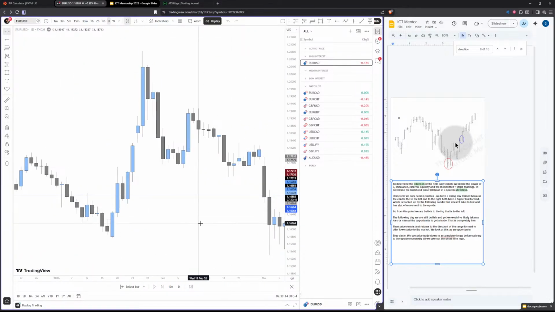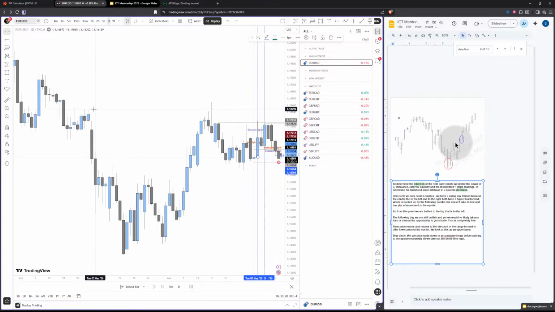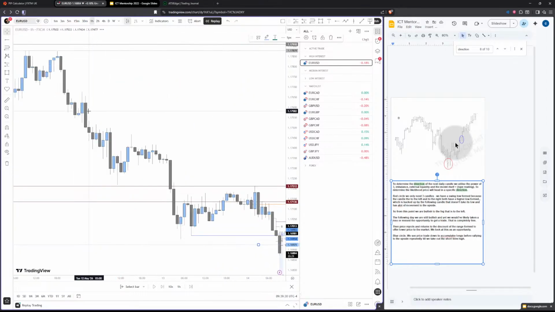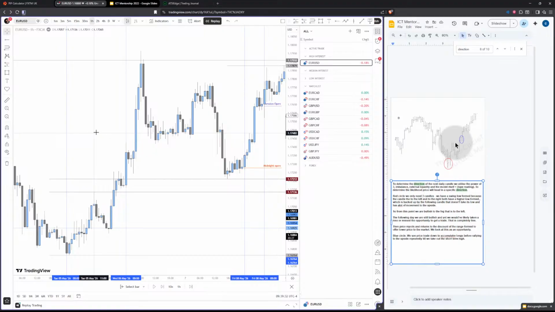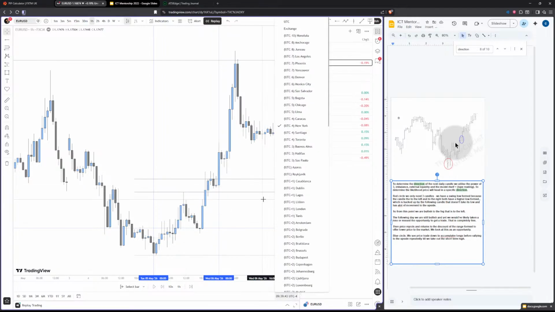Wait, how did it close at that level? It 100% closed here on a Tuesday. Tuesday midnight, it closed here. But it's telling me if it closed at 10, it closed up here. So which is it?